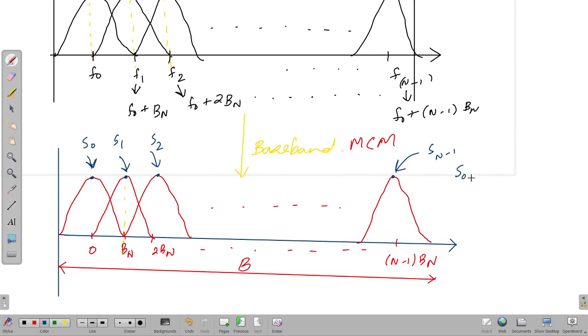S0, S1 up to Sn minus 1. These are modulated symbols. The modulation can be any PSKs, or it can be any QAMs.